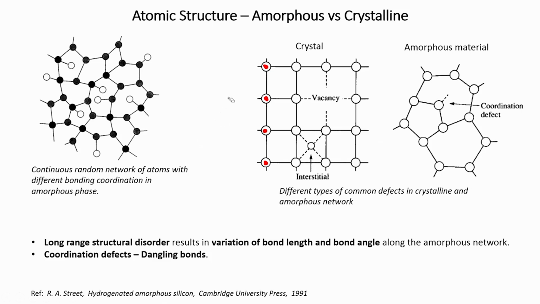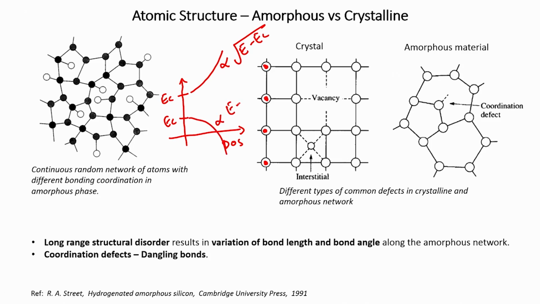In terms of the density of states picture for 3D crystalline materials, we have the valence band edge and the conduction band edge, and a density of states that varied as the square root of E minus EC in the conduction band and the square root of EV minus E in the valence band.